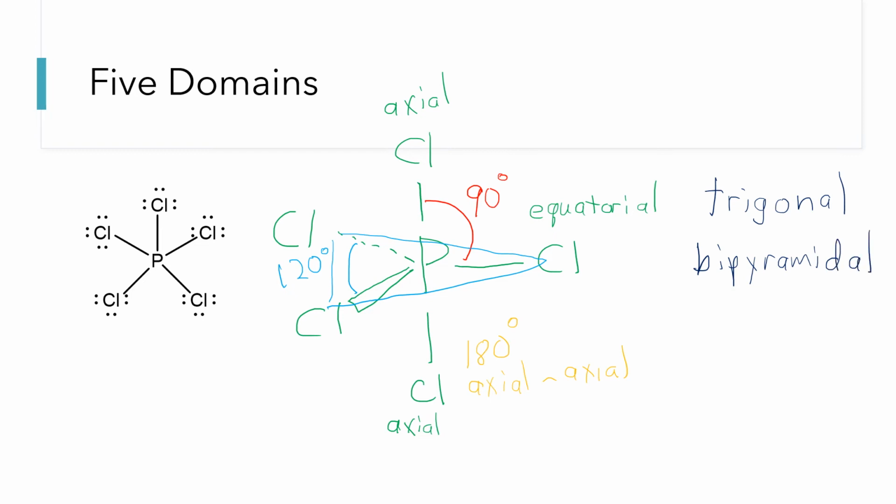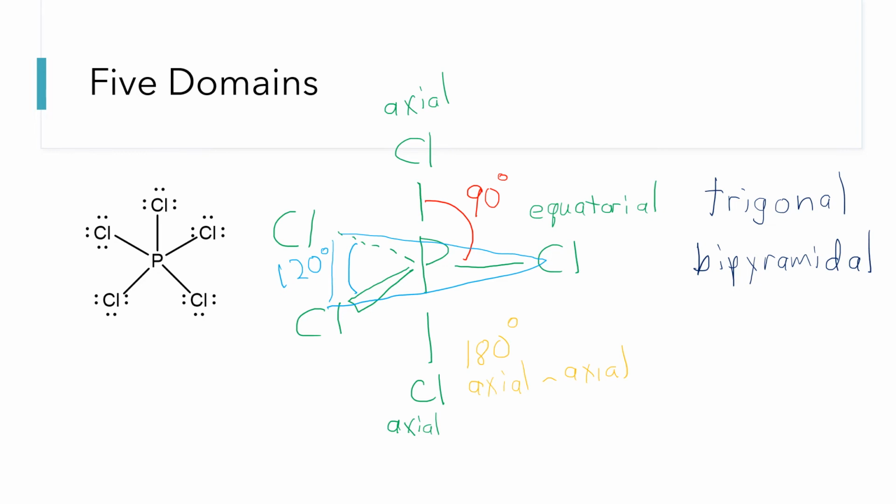It's trigonal because we have this triangular shape in the middle, and then it's a pyramid because if you look at the 3 equatorial chlorines plus the one on top, that one on top forms the tip of a pyramid, but the one on the bottom forms the tip of a pyramid as well. So that's where the bipyramidal comes from. We have a pyramid pointed towards the top, and we have a pyramid pointed towards the bottom. This is sort of the idealized geometry for trigonal bipyramidal.